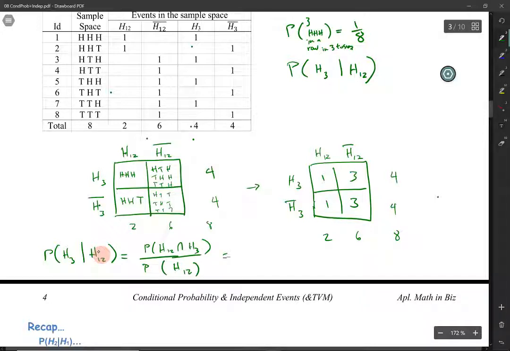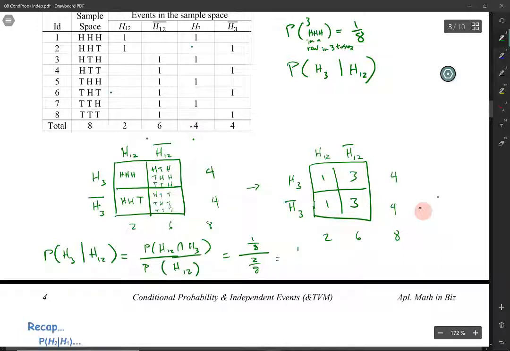Okay? So this intersection, right, it's here, right? So it's this one, intersection 1 out of 8, and then the probability of H12 is this over here, it's not half, it's 2 out of 8.